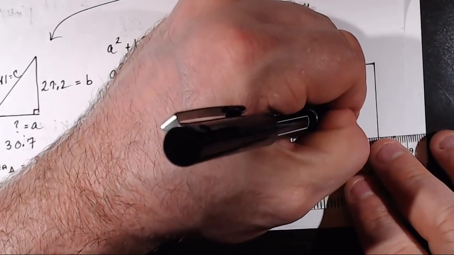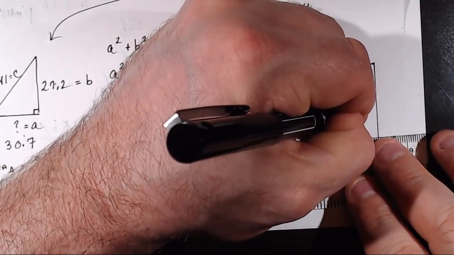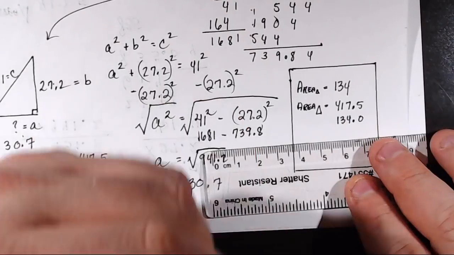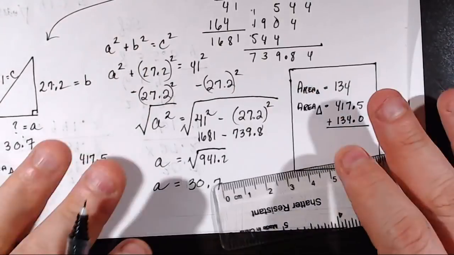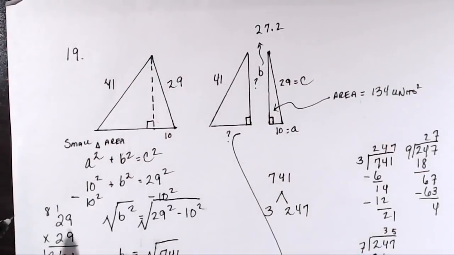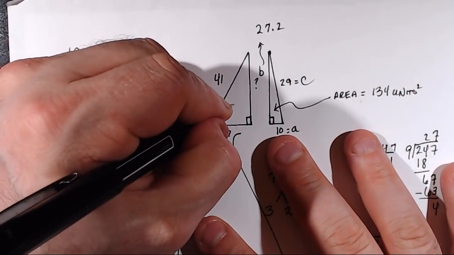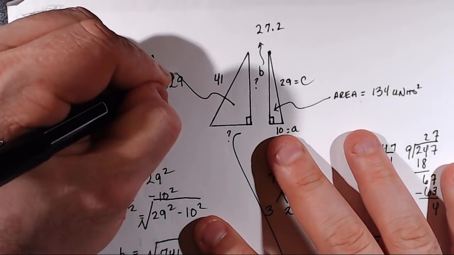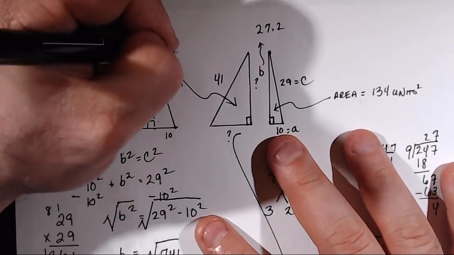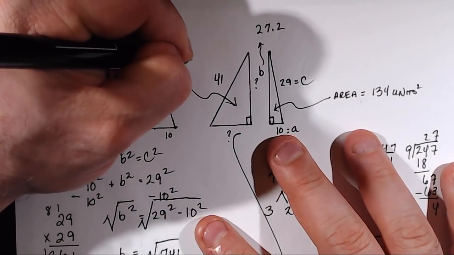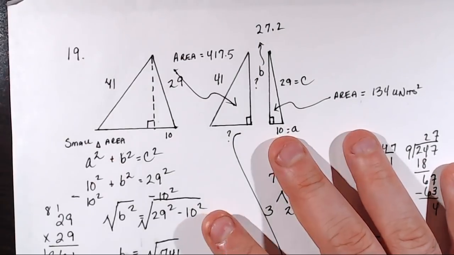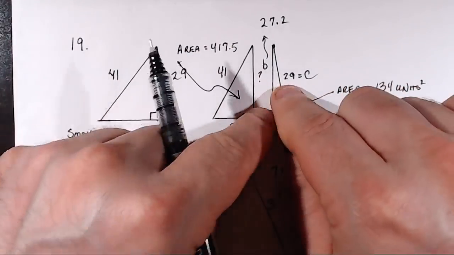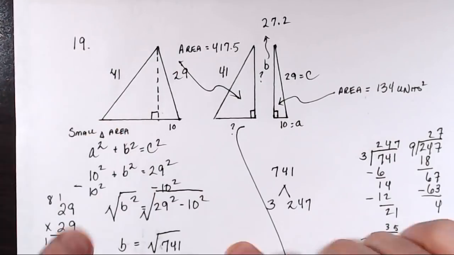Well, we need to add 134 to 417.5 because we want to add together these two areas. See, now we know this area right here is 417.5. So we now add together the two areas to get the full area.